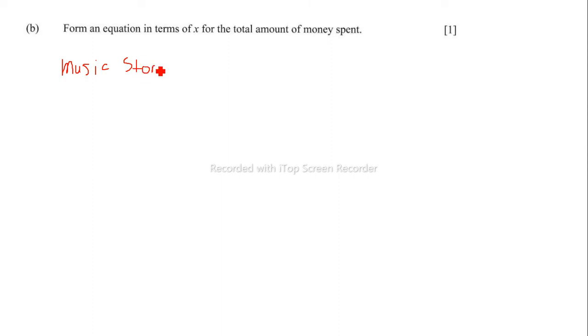And we know that he spent some money at the computer store, didn't he? The next question is to solve the equation, yeah. And we know that he spent some money at the bookstore.